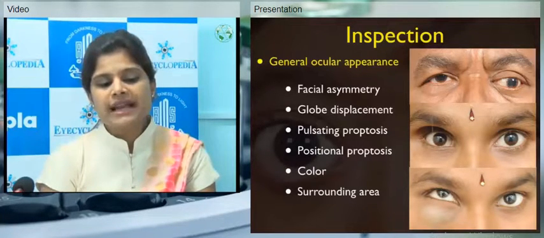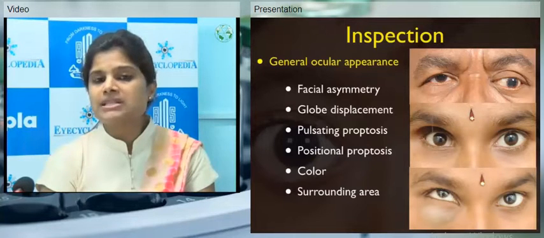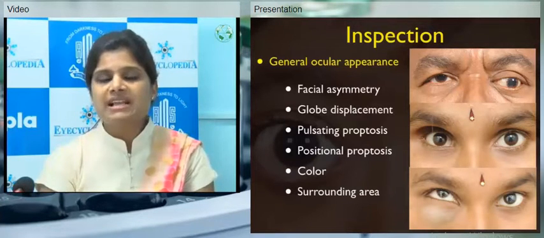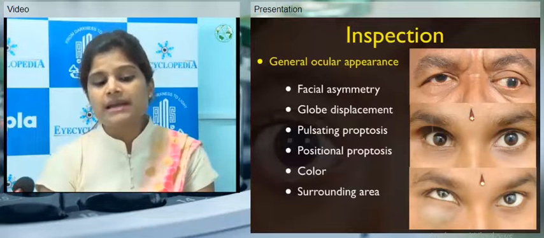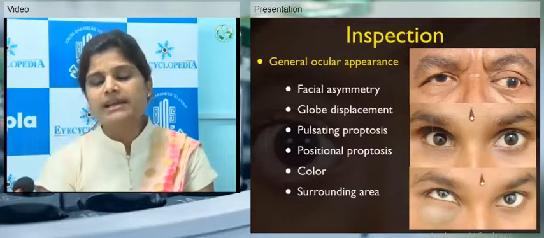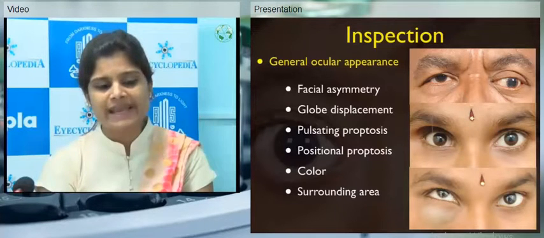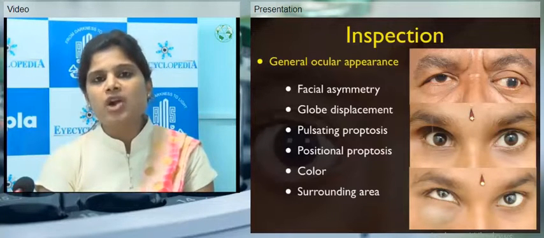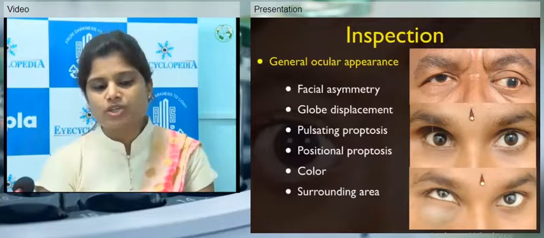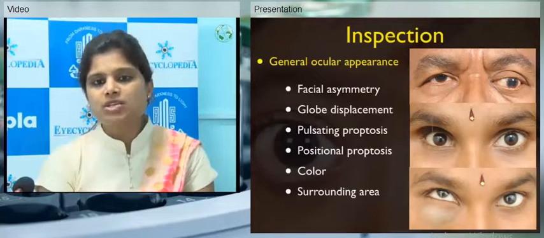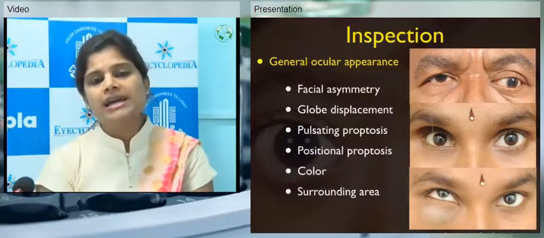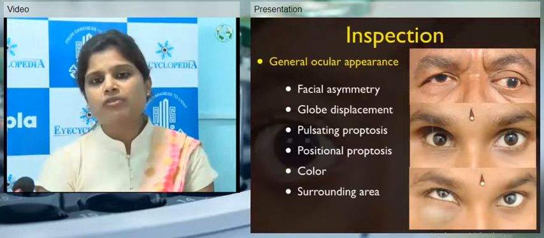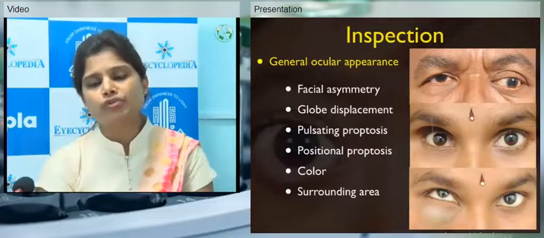Pulsating proptosis can occur because of the direct pulsations of the tumor itself, which can occur in highly vascular tumors, like certain types of angiosarcomas, or it can be transmitted pulsations. Transmitted CSF pulsations can occur if there is absence of the greater wing of sphenoid, in case of neurofibromatosis.